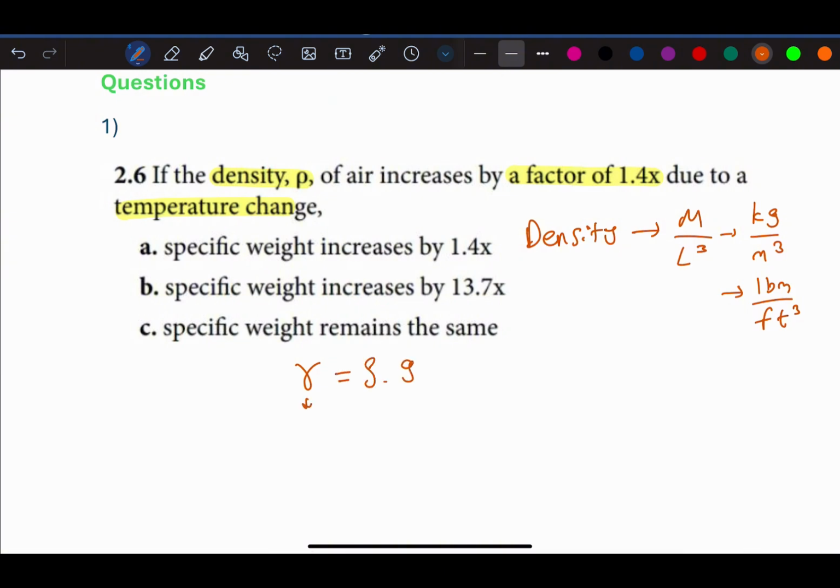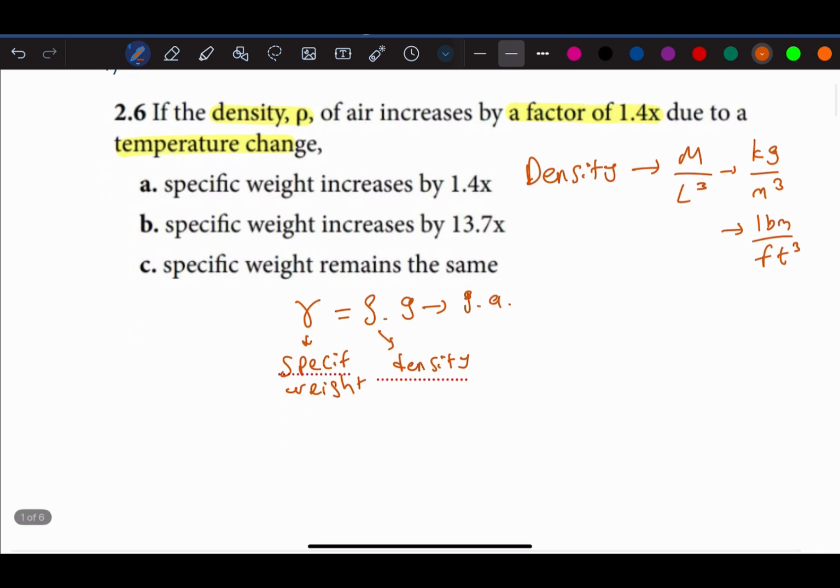Specific weight is equal to density times gravitational acceleration. Since this is constant, if we increase density by 1.4, therefore we will see an increase by 1.4 in specific weight.